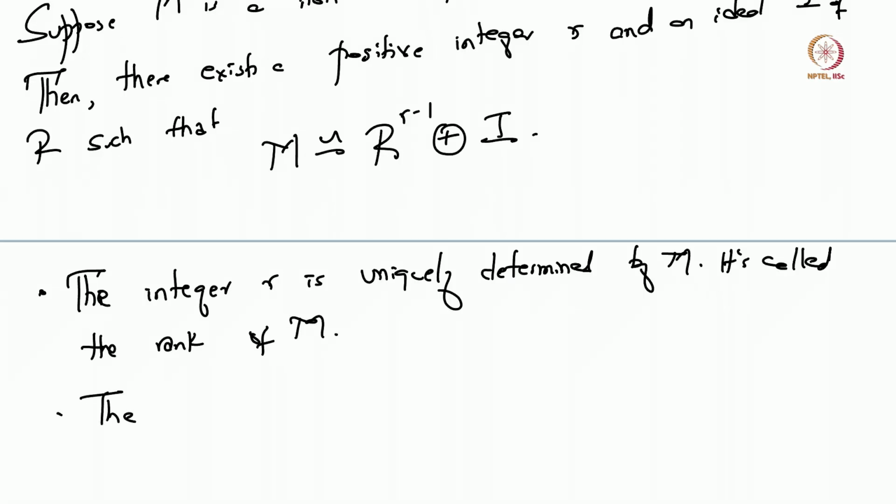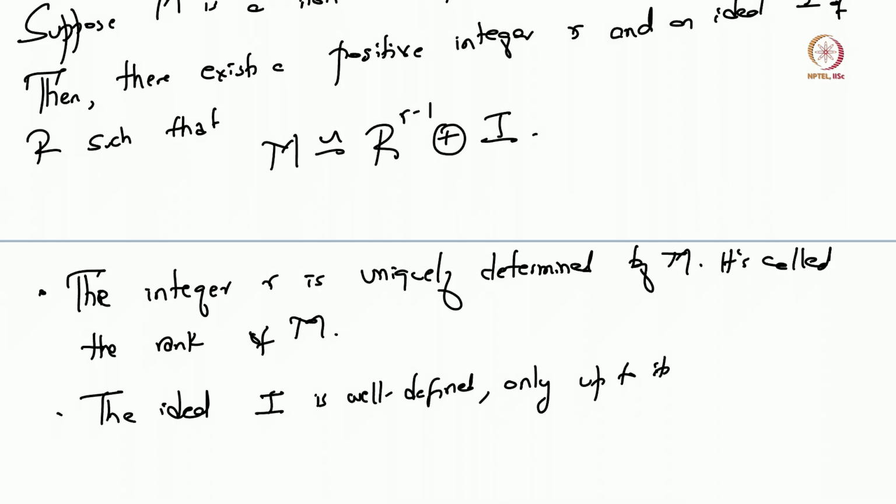The ideal I is almost uniquely determined by M. It's only uniquely defined up to its image in the class group.